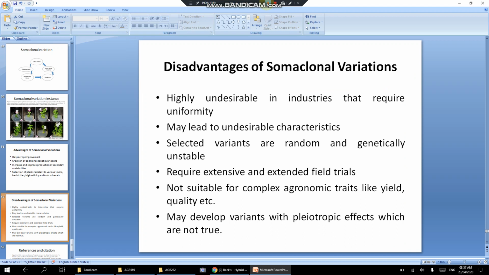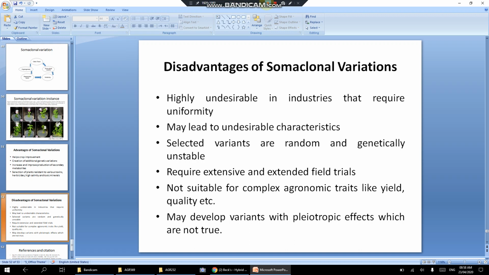If you want things to be uniform, you don't want to see any variation in your tissue cultured materials, because it may lead to undesirable characteristics, and you don't want that to happen. You want everything to be the same. So when one is different, it will cause undesirable characteristics. Selected variants are random and genetically unstable.